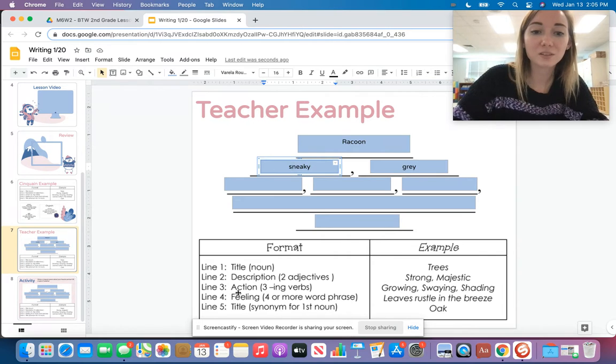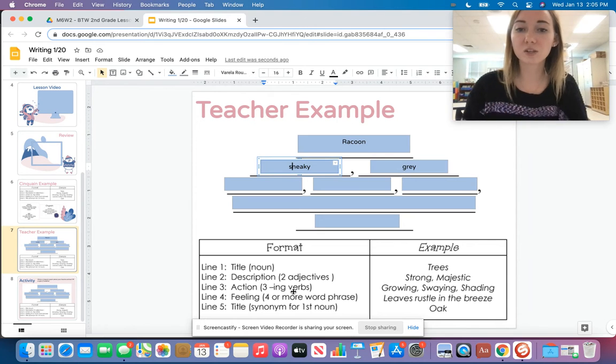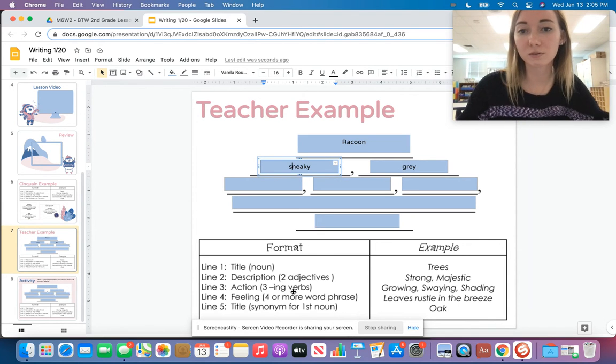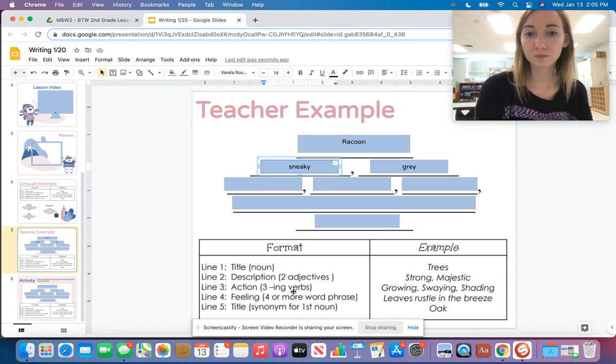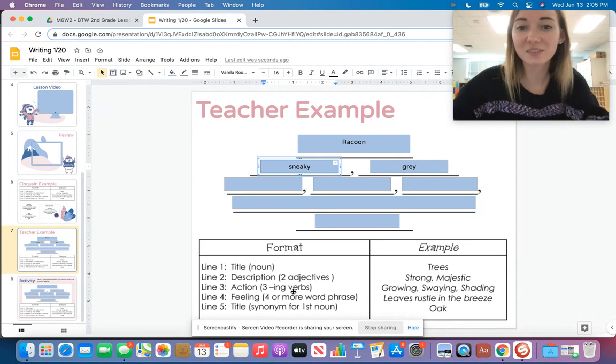Then I have to find three action words for my raccoon, three verbs. Can you guys talk to the person next to you about some action words I could use for my cinquain? All right, thank you guys for participating.